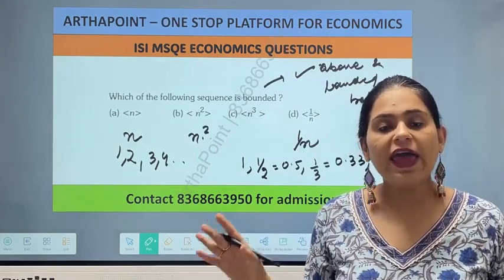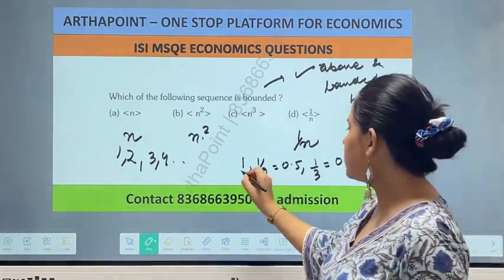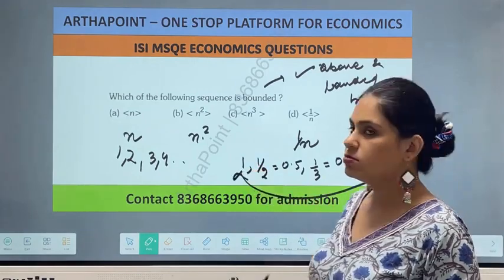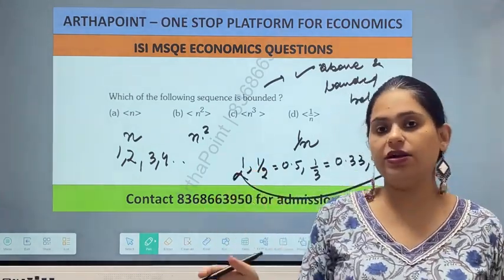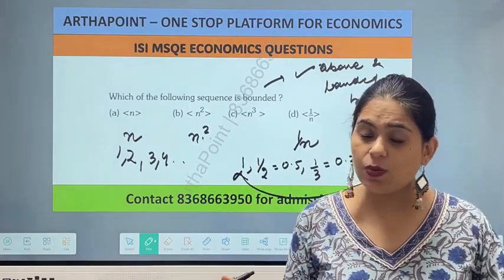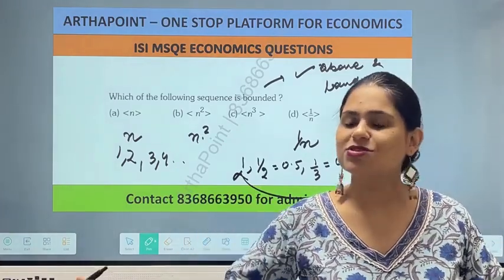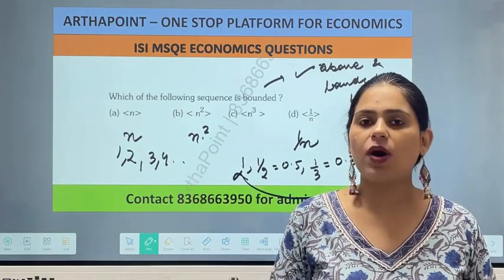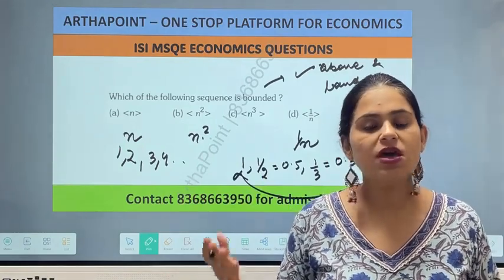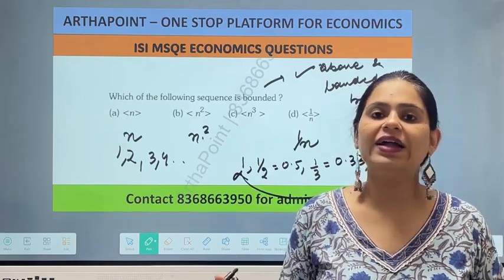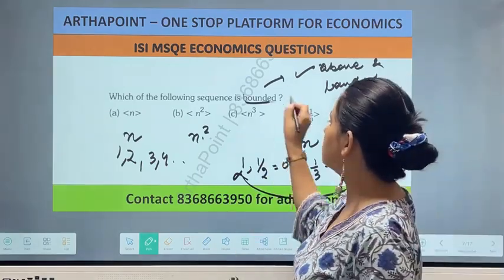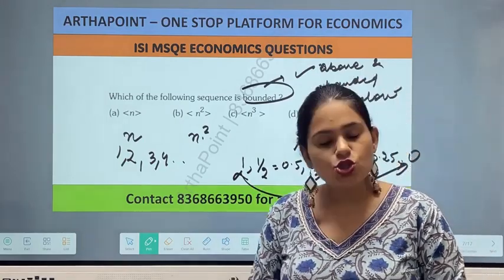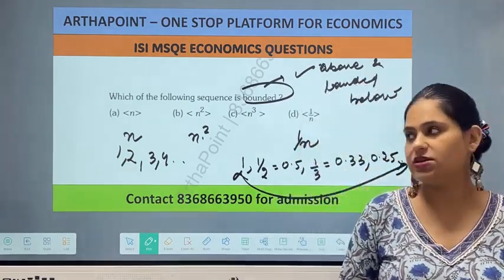It cannot exceed 1. It cannot be below 0. Everything is between 1 and 0. It becomes both lower and upper bounded. Therefore, it is a bounded set. So the answer that I get to this question is the third option, 1 by n. It is bounded.